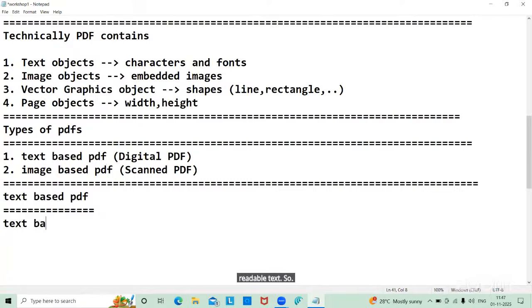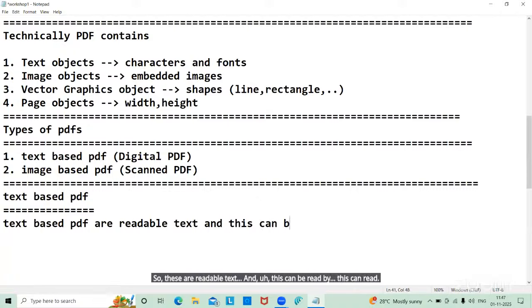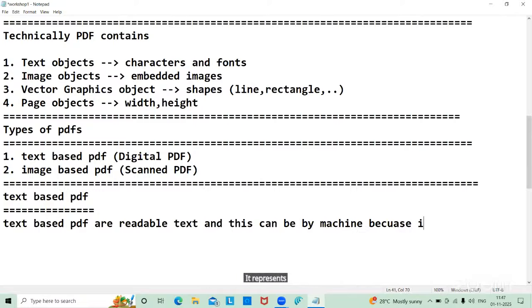So text-based PDFs are readable text, and can be read by a machine, because it is stored as characters.